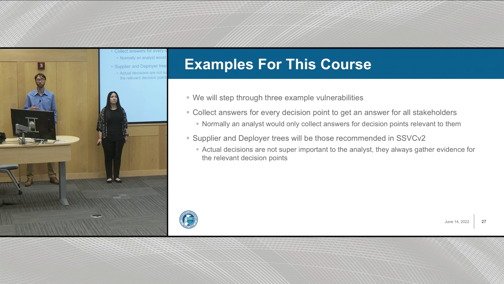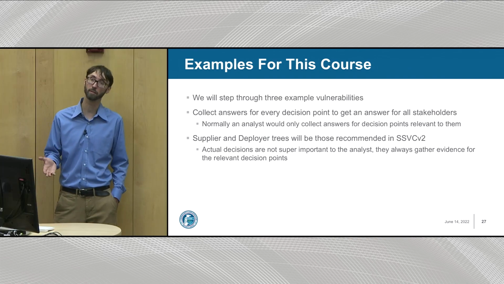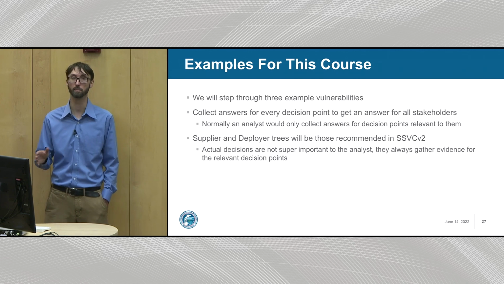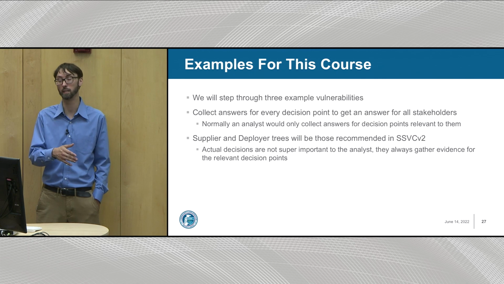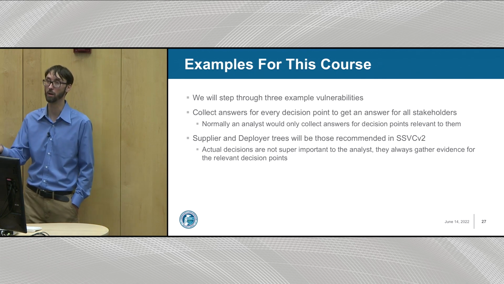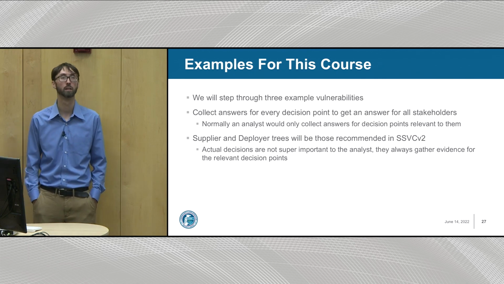Obviously, we're going to step through many decision points that you, in your role as your stakeholder, might not step through. We're going to try to break the examples up into one stakeholder at a time. So you might be able to navigate to the part that is best suited for you, but you might also want to get a broad understanding of how all of these questions might be answered.